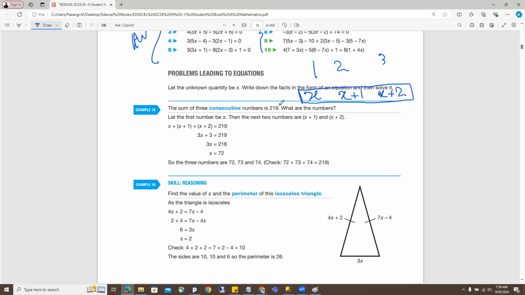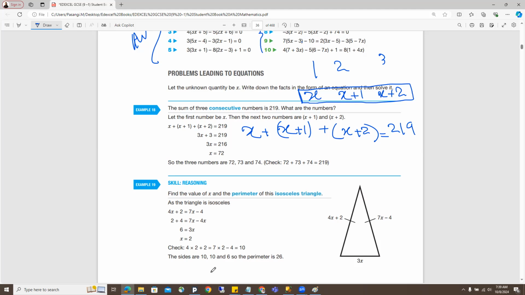If we add all these three numbers, the final value should equal 219. How are we going to write that? x plus x plus 1 plus x plus 2 should finally equal what? 219. See, we create this equation. Is it clear?